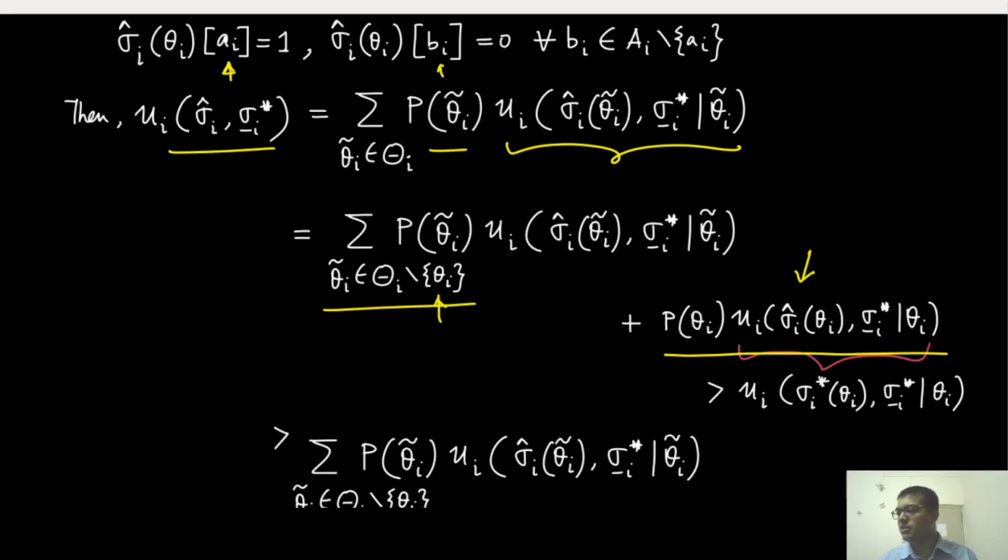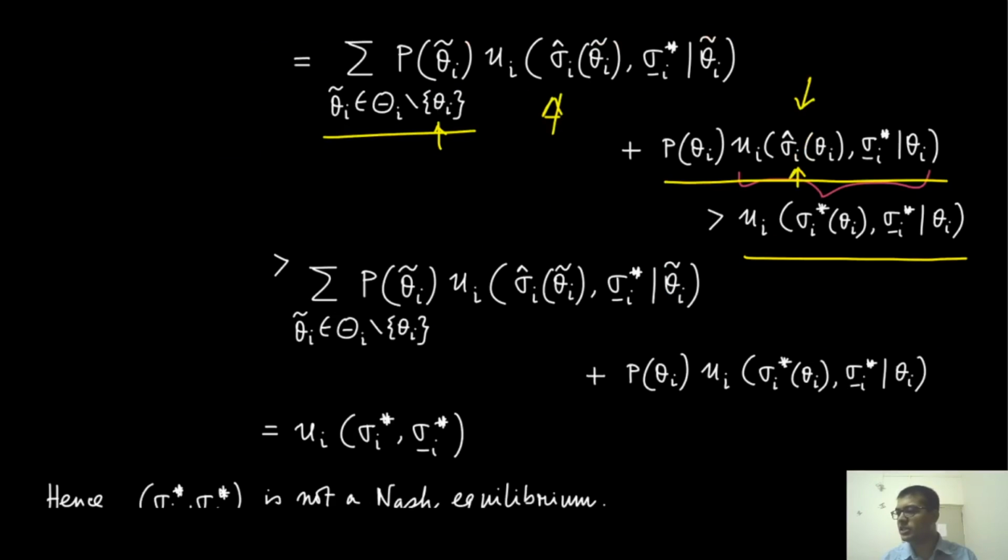We know that this particular utility is going to be strictly greater than theta i star. For all the other terms, it is going to be exactly equal to theta i star of sigma i tilde. This is by definition the way we have constructed this sigma i hat. But for this one, it is going to be strictly better, and therefore this inequality will also hold.